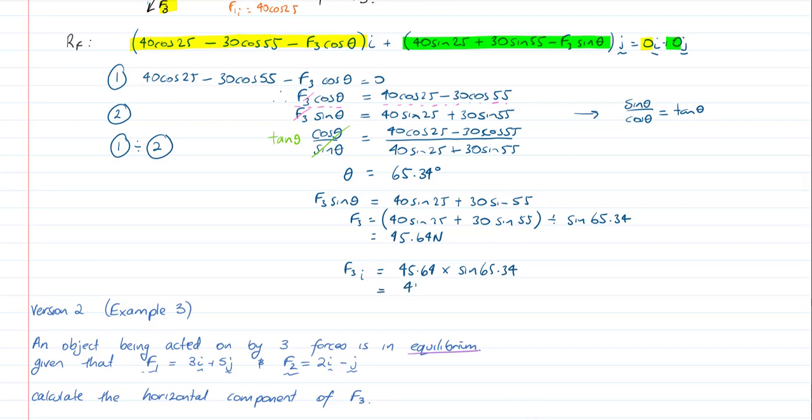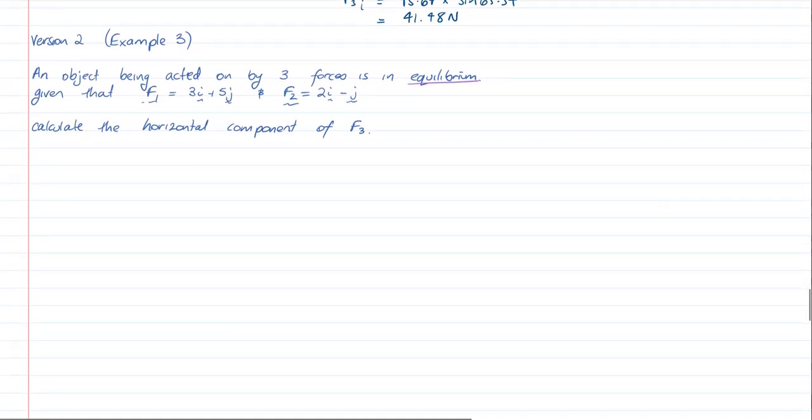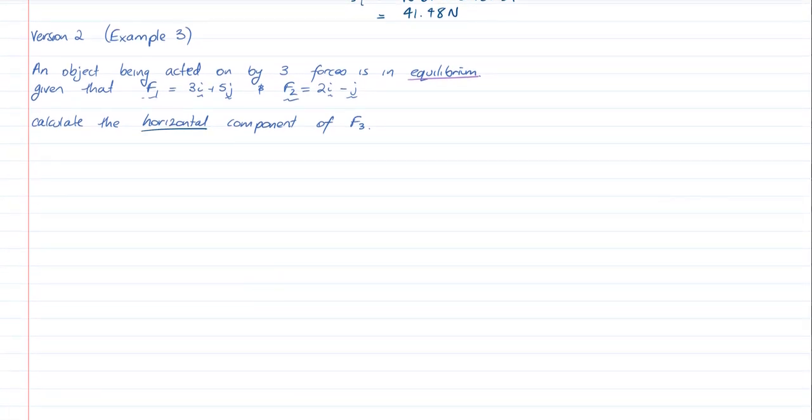And that's equal to 41.48 newtons. That's the horizontal component. So don't forget your chickens. Always remember to go back and reread the question and do what it's actually asking. So here we are. Again, calculate the horizontal component. So we'll make sure that we do it this time.